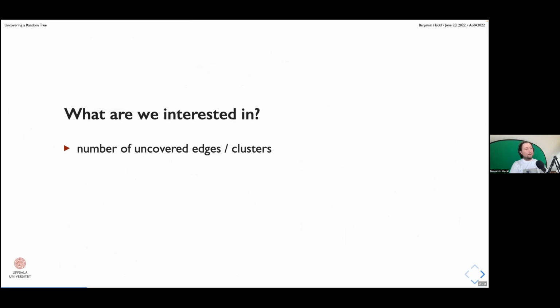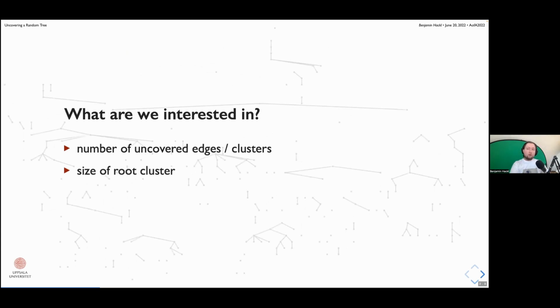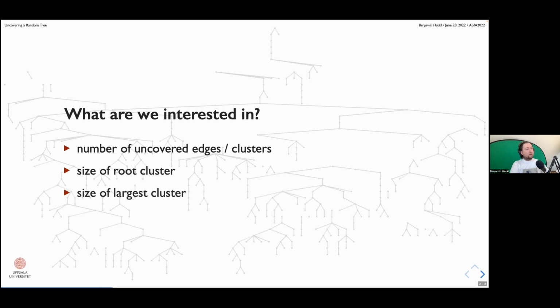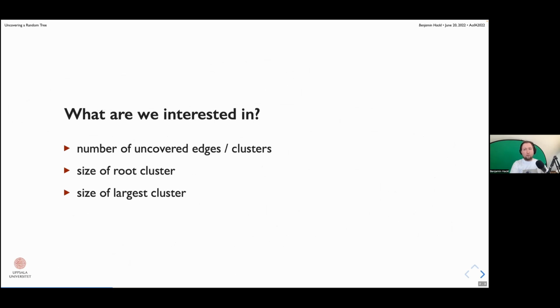The second question is, how large actually is the root cluster? And the third one, how large is the largest cluster, so the largest connected component that we uncover over time.